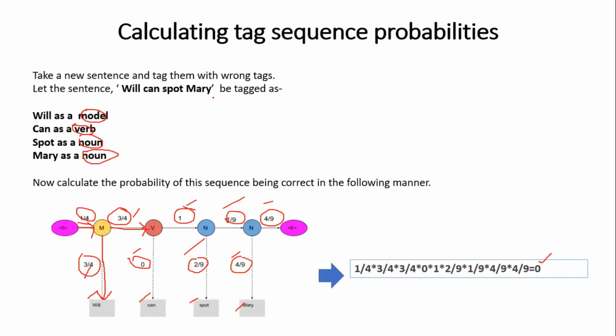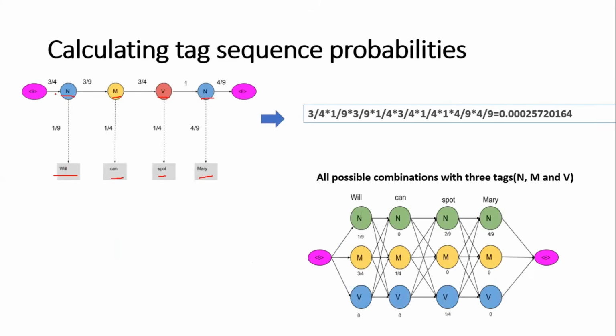In our previous case, Will was treated as modal, whereas here Will is taken as noun. Just like how we calculated the value before, you need to calculate the tag sequence probability by multiplying all the values. Here we got some value like this, 0.00025.